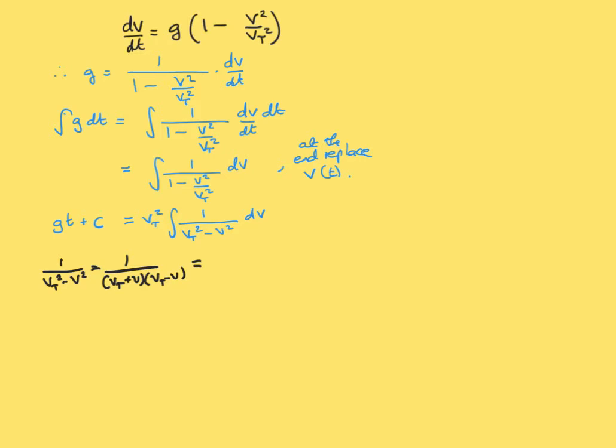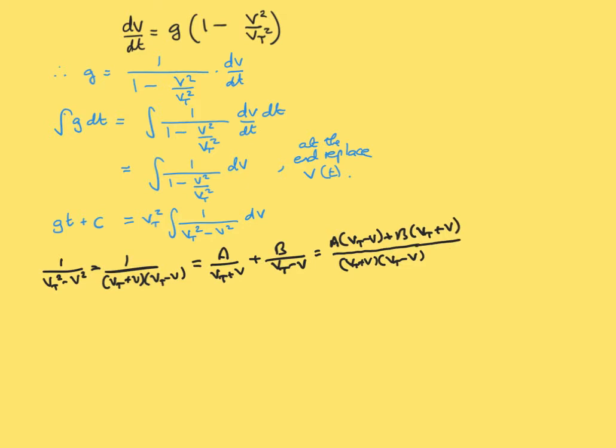So what we're going to get is a constant, a, over vt plus v, plus some constant, I'll call it b, over vt minus v. And if we add these together, combine them over our common denominator, so vt plus v times vt minus v, the numerator becomes a times terminal speed minus v plus b times the terminal speed plus v.